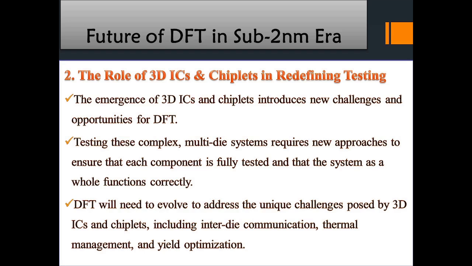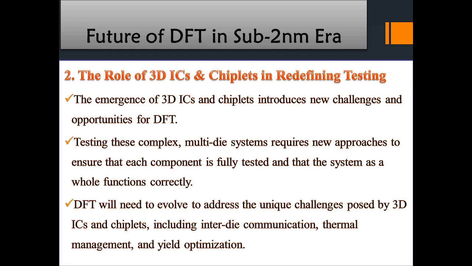And what are the roles of 3D ICs and chiplets in redefining the testing? Testing these complex multi-die systems requires new approaches to ensure that each component is fully tested and that the system functions correctly.